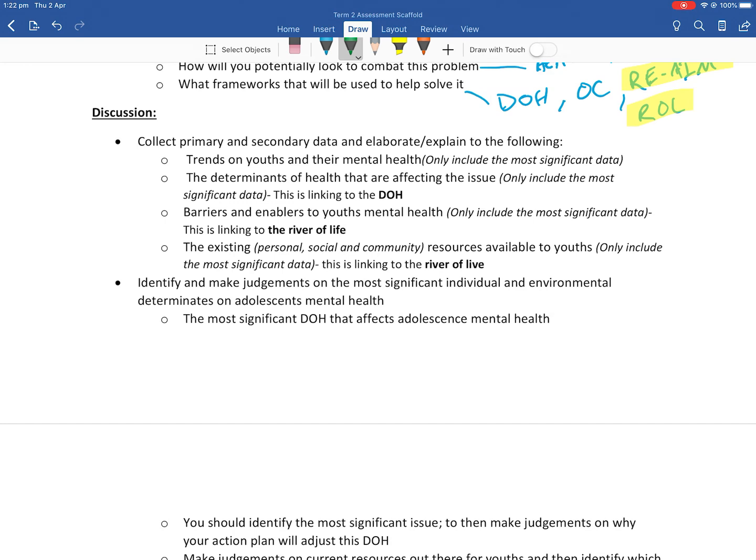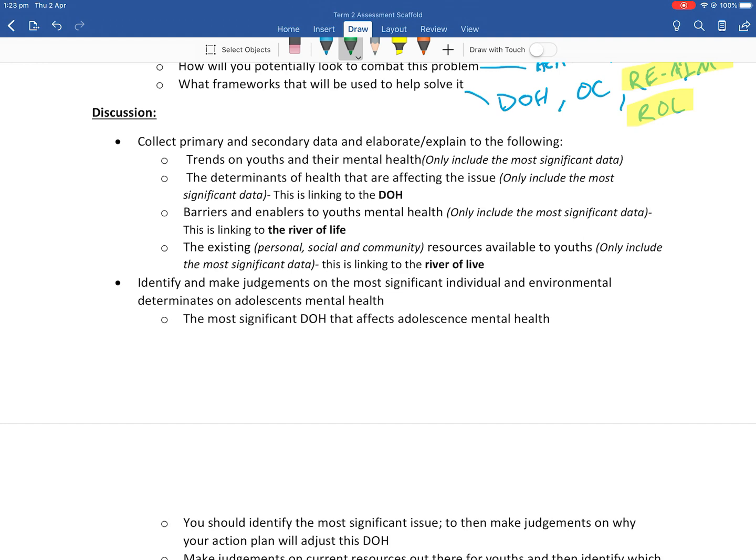If you look at the task sheet and flip all the way through to your ISMGs, I want you to note how many times these ISMGs speak about primary data or the River of Life or Determinants of Health, because all of those are in connection to your primary data. So if you don't do your primary data, you won't be able to get a good mark.